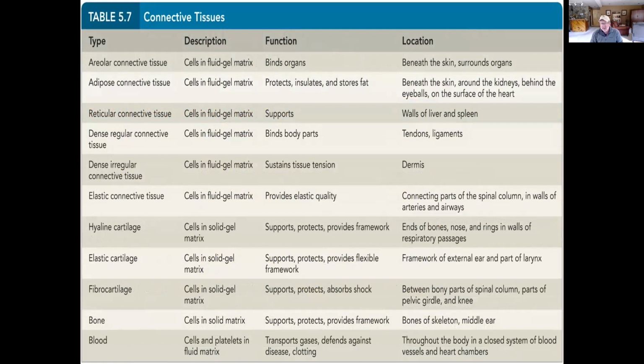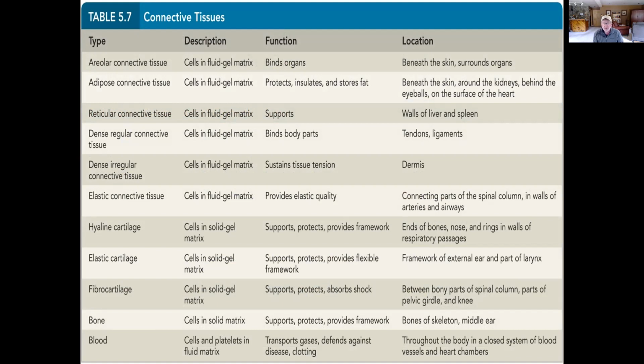And I think this, like the epithelial tissues, would lend itself well to flashcards as you begin to learn the names, where you find them, and what they do. If you ever want to come back and see all the connective tissues in one fell swoop, you can check out that table in your book. It's on page 170, table 5.7.